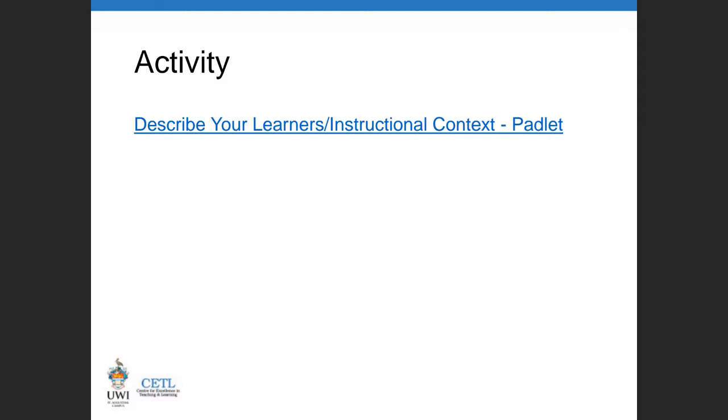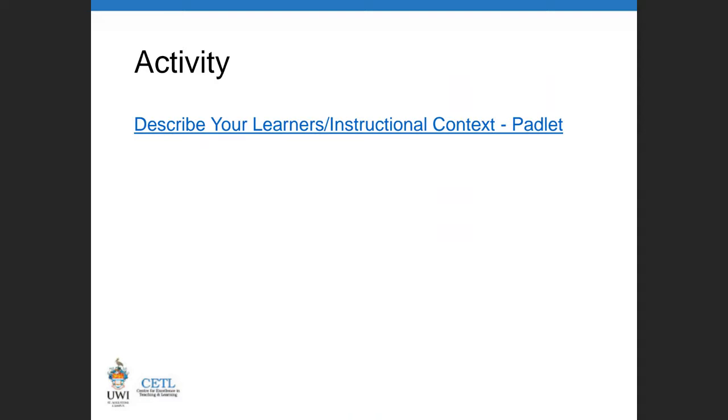And so I want you to click on that link, and it should take you to a Padlet that, let me just bring it up for you. And I want you now to describe your context. What kind of learners do you tend to encounter in your courses?